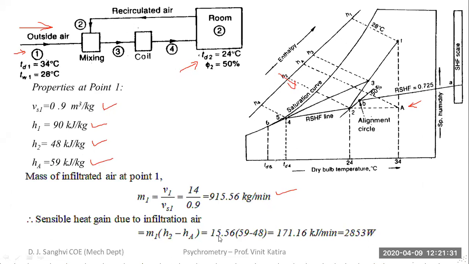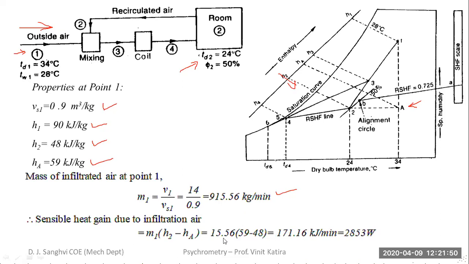Right. So here we can find the sensible heat gain due to infiltration air. Sensible heat gain is given as M1 into H2 minus HA, because it is only sensible heat gain. That is why H2 minus HA.